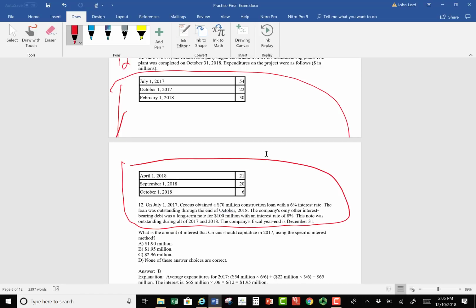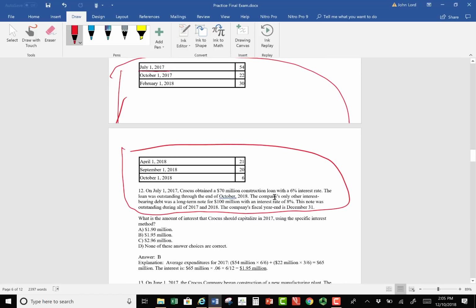All right. So they want to know what amount of interest should be capitalized. Now, notice they started this project in July. So July 1st to December 31st is how many months? 6 months. So what happens? They take that 54 million and multiply it by 6 because that was outstanding for the full 6 months of which construction had begun, right? It's during the period that construction's been going on.